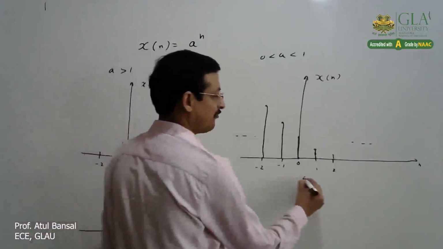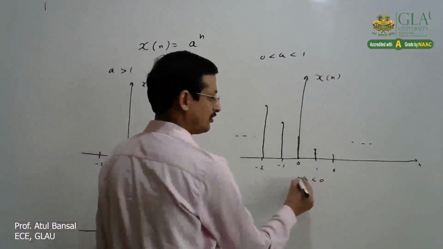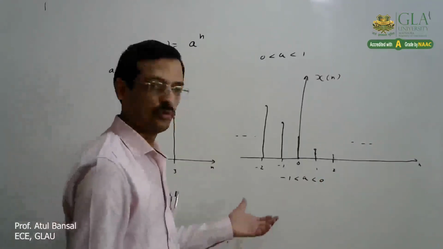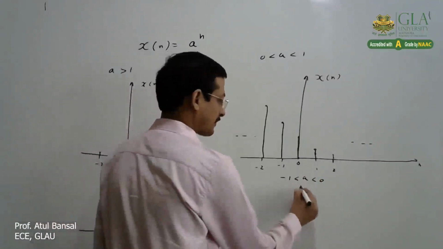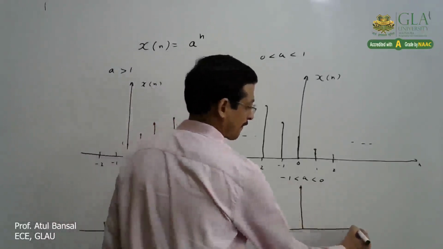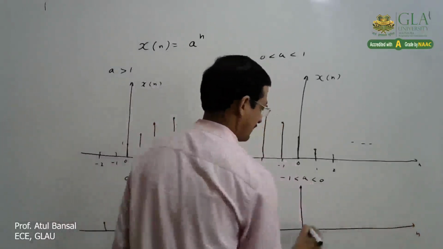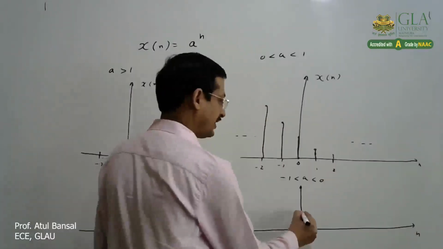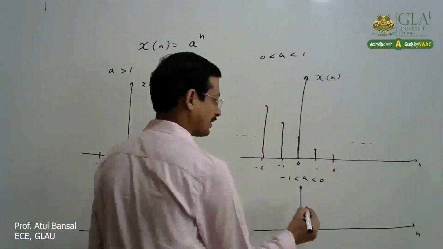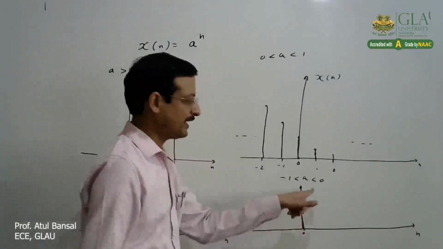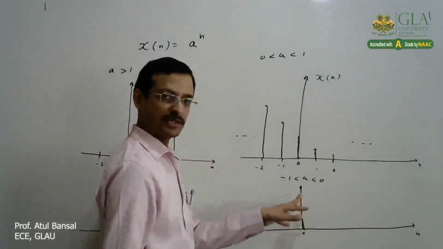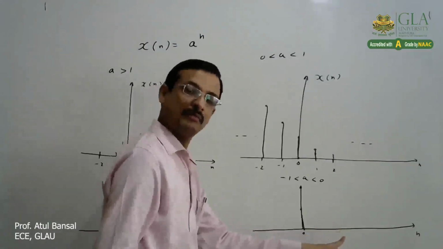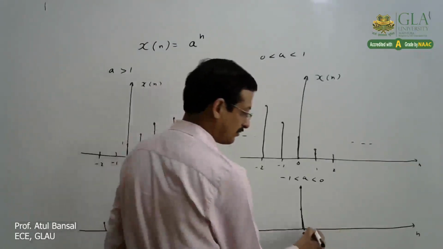Same way, if a is less than 0 and greater than -1, that is -1 by 2, then again it will be exponentially decaying, but alternating. If I take -1 by 2, then -1 by 2 raised to power 0 would be 1, and -1 by 2 raised to power 1 would be -1 by 2, right?